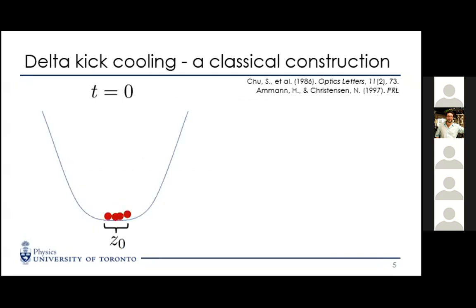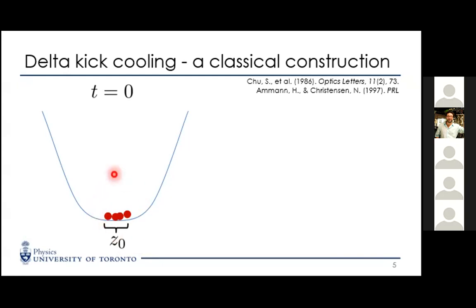We'll start with the ideal conception of delta-kick cooling, which, as I said, we'll look at from a classical perspective. In the classical approximation, the initial trap, which I've drawn to emphasize an anharmonicity, doesn't need to be a harmonic trap, though in our exact treatment, we will assume an initial harmonic confinement.